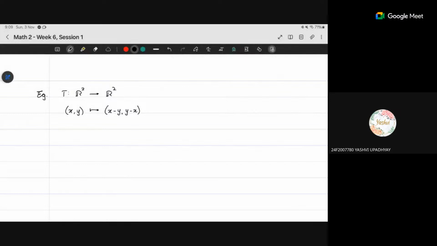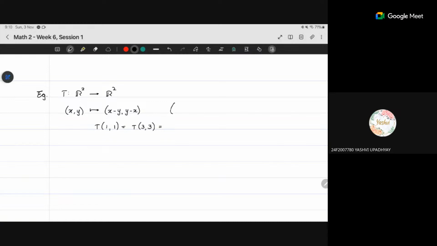You have to give explicit examples for that, right? You can't say there can be, because what is the guarantee that there will be? 1 comma 1 and 3 comma 3. Yes. So you have T of 1 comma 1 is equal to T of 3 comma 3.